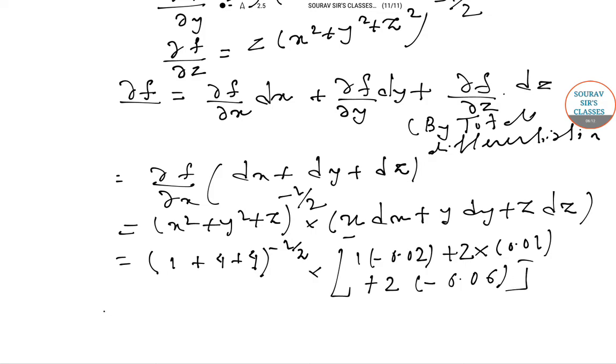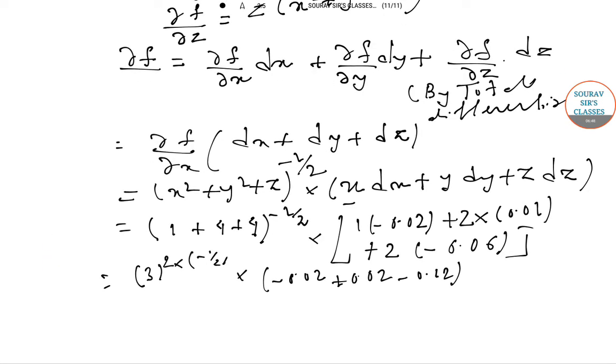right. So you have 1 by 3. See, 1 plus 4 plus 4, what is that? That's 9. 9 to the power minus half, that's 3 square to the power minus half. And this becomes minus 0.02 plus 0.02 and then minus 0.12.